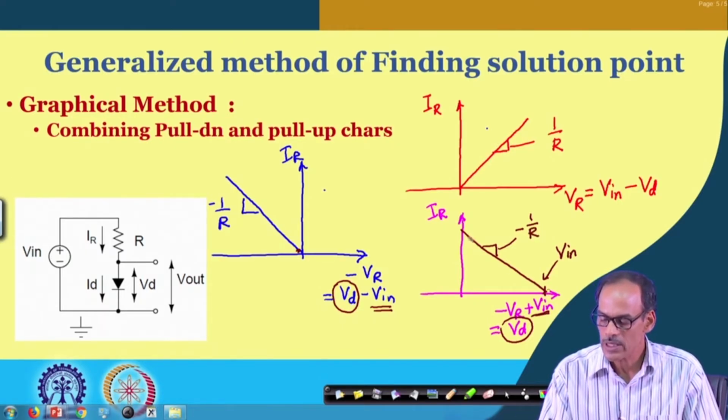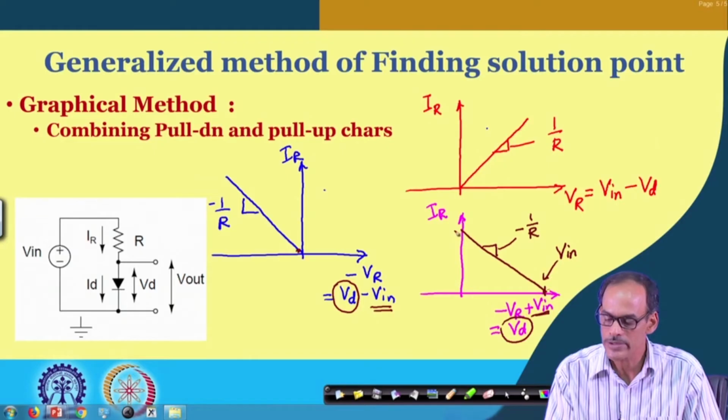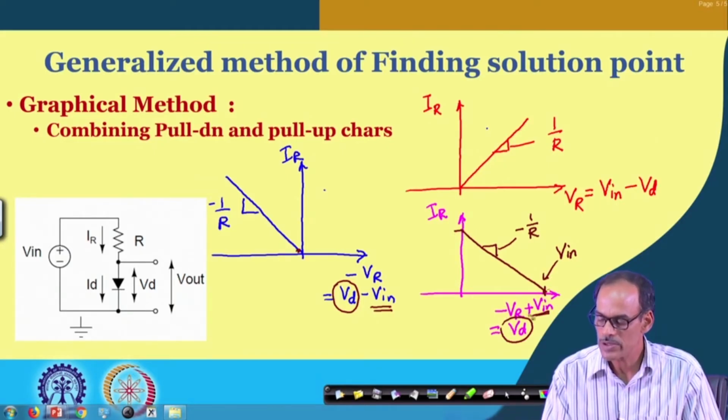Now, for this straight line having this slope information and this point information, you can easily find that at this point where V d is equal to 0, the V r equals V in.